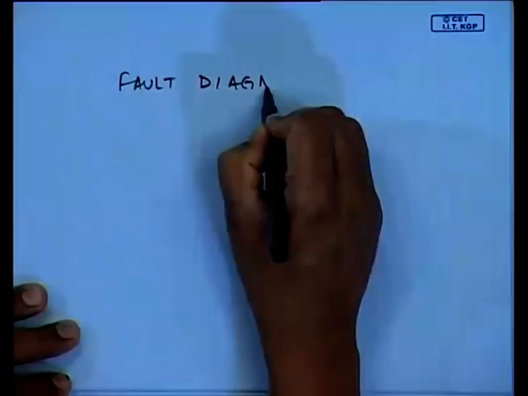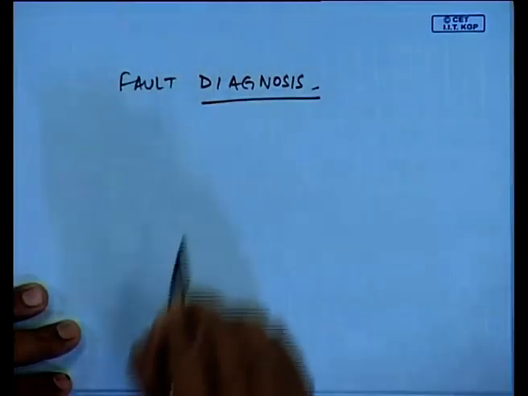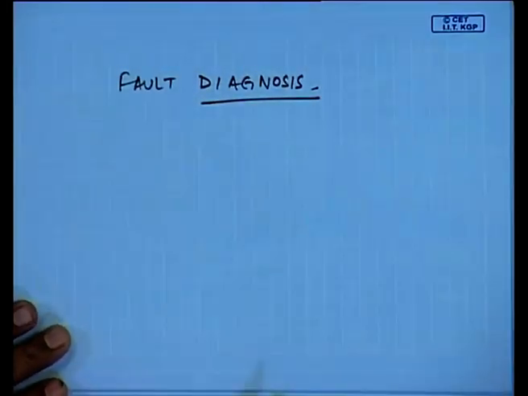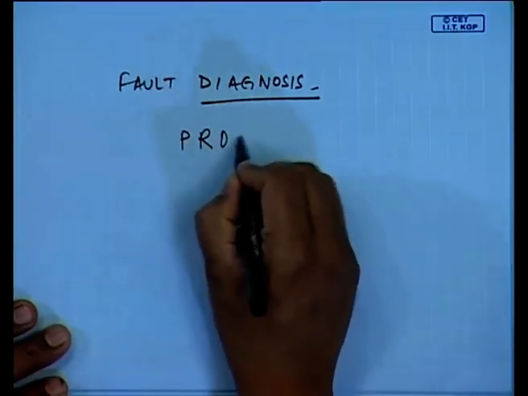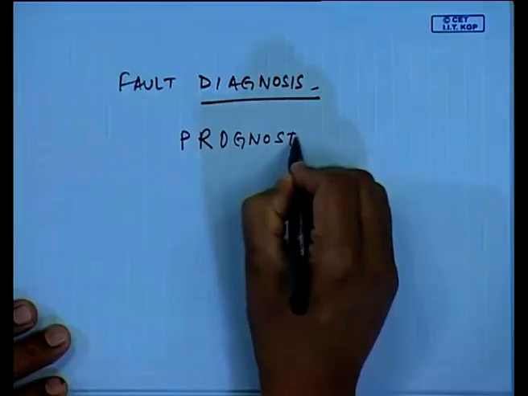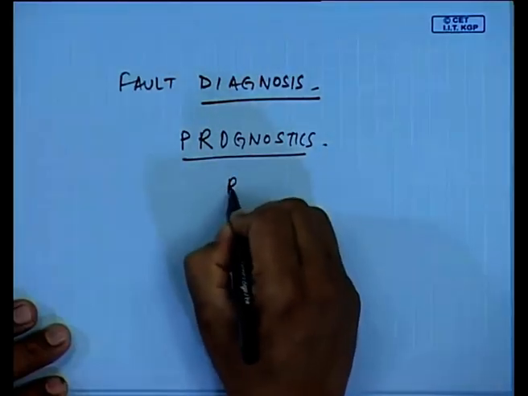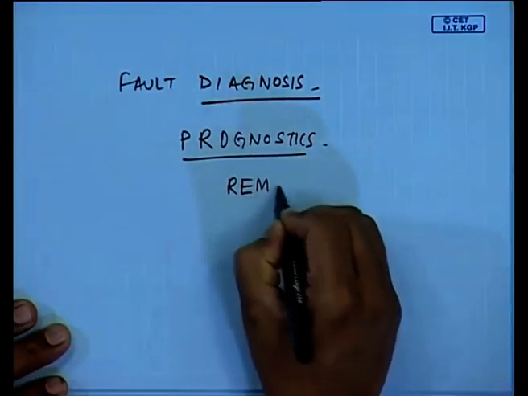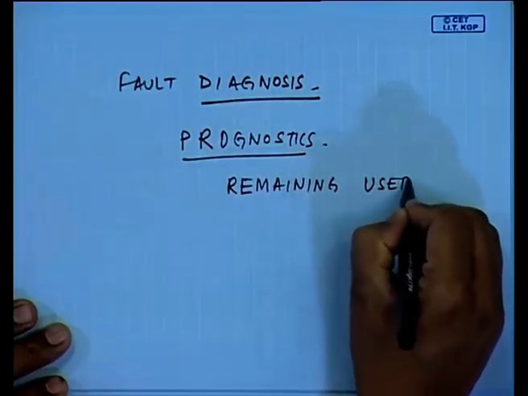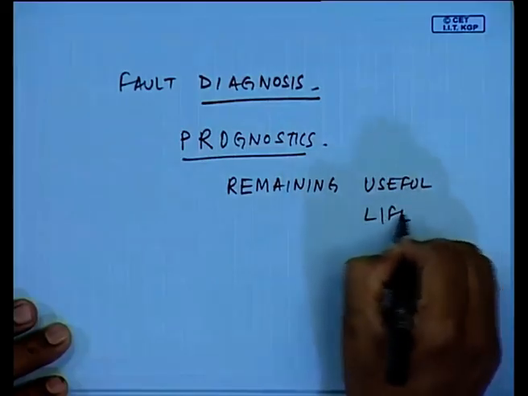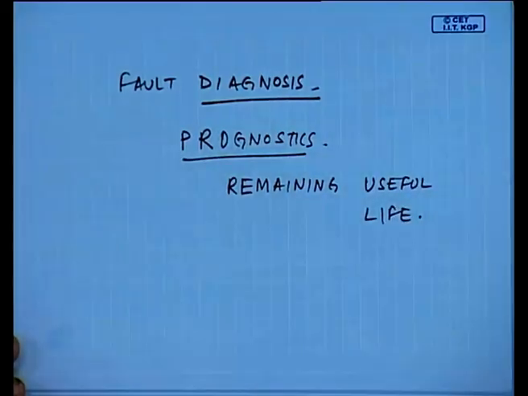The focus now is, if there is a problem in the machine, they would like to know what is creating the fault in the machine, and next there are mathematical algorithms to find out the remaining useful life of a machine, and that is very important.